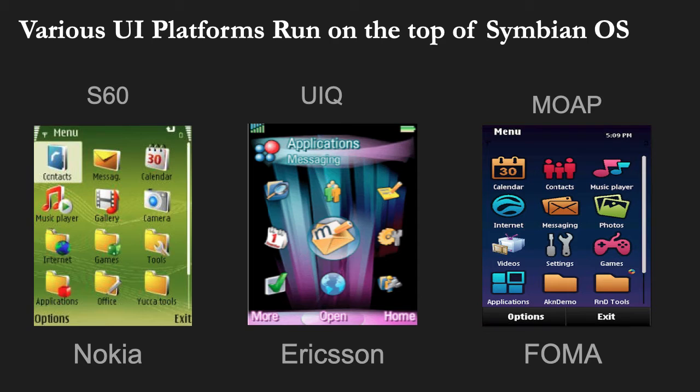And in Japan, the leading manufacturer at that time, they use the mobile-oriented application platform for its UI. So all the customization of user interface happens on the first layer, the UI framework layer.